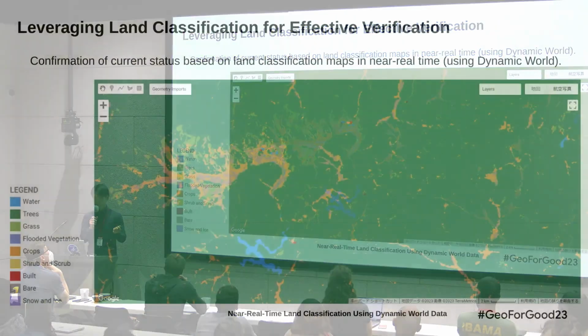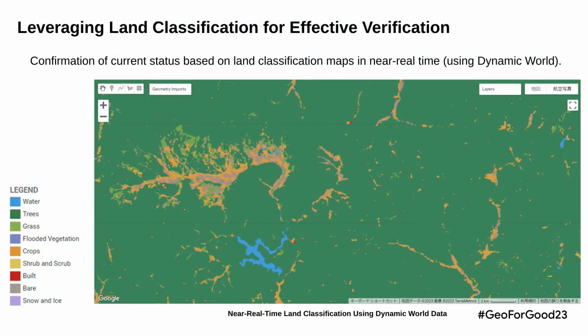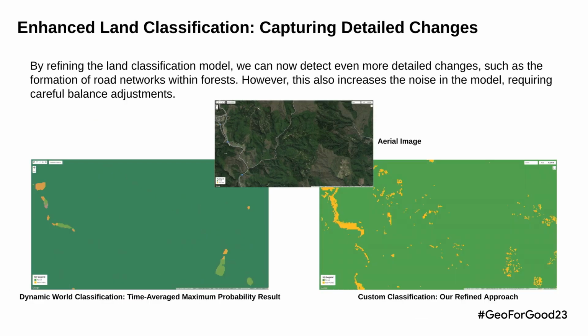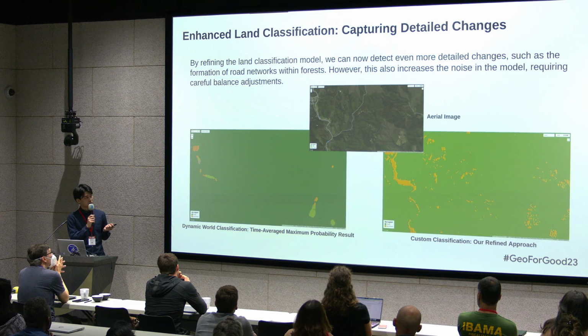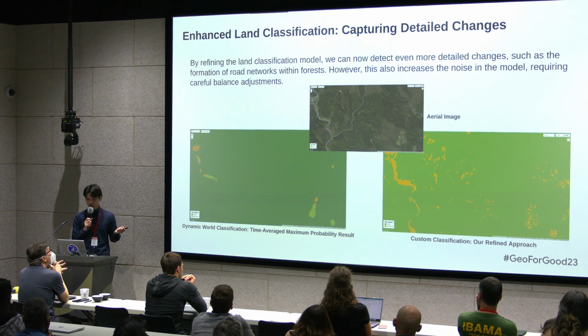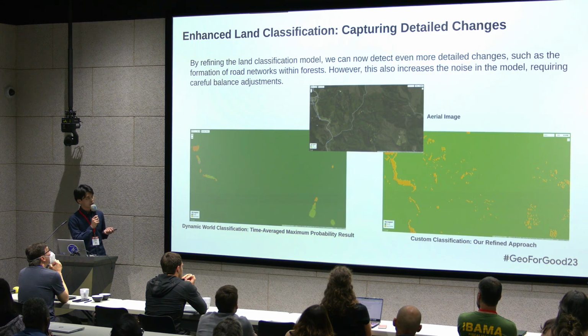Specific examples of satellite application include near real-time land classification using the Dynamic World product, and confirmation of current condition based on this classification. Furthermore, by retraining the Dynamic World product described earlier using domestic teacher data, we can capture even more small changes that occur in forested areas.